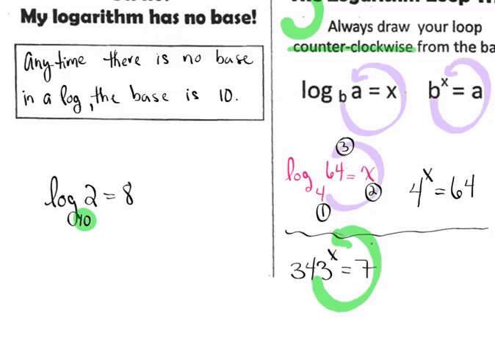There's my counterclockwise loop. So that is log. Base is always the base. 343 is my argument. 2 is equal to x.